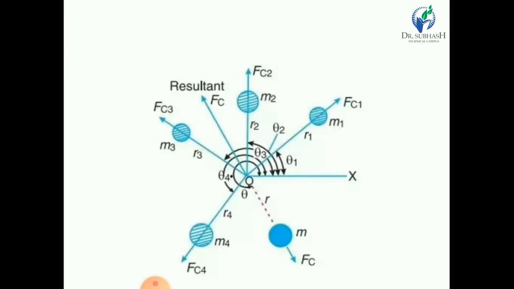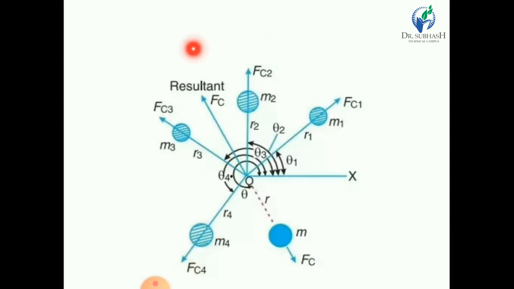So the mass M1 rotates with omega radian per second, and some centrifugal force, Fc1, is generated in the radially outward direction. In the same way, centrifugal force Fc2 is generated for M2, similarly Fc3 for mass M3, and Fc4 for M4.